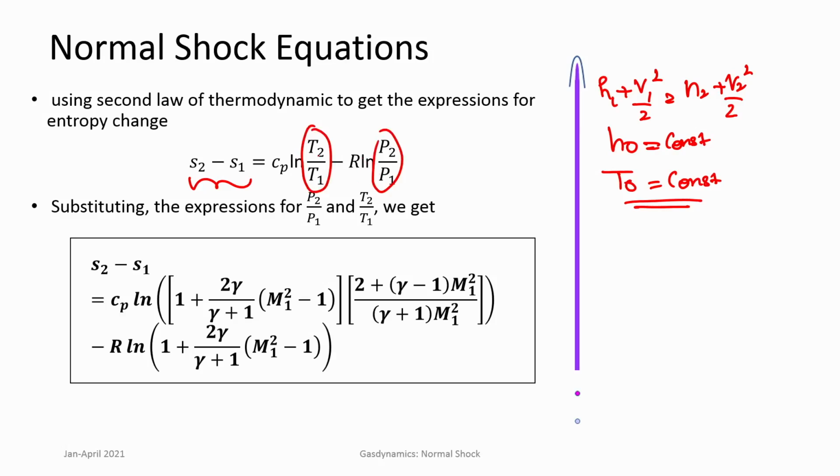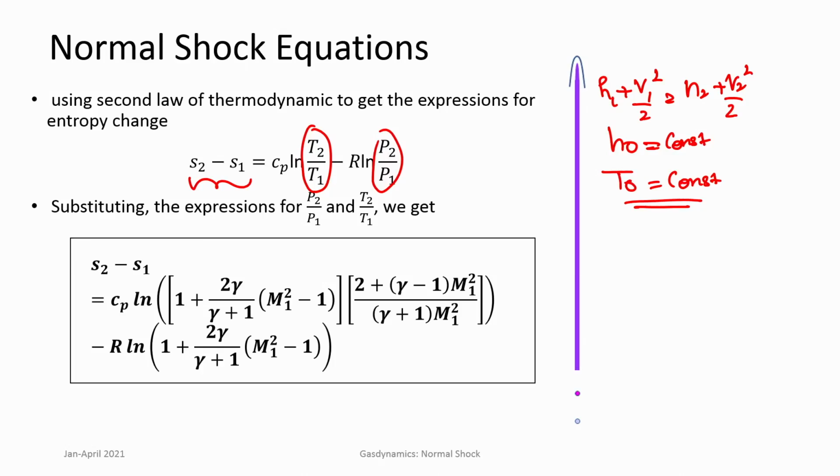Both T2 by T1 and P2 by P1 are determined in the previous analysis, so we substitute for them, and once you know these values, you can directly determine the entropy change across the shock wave.